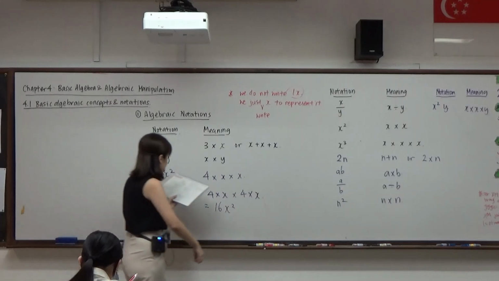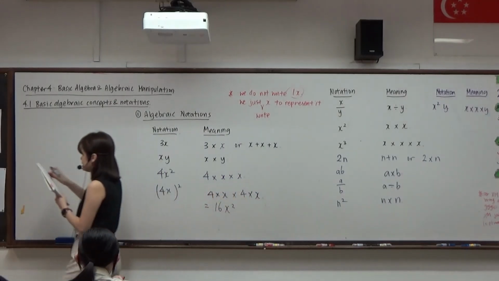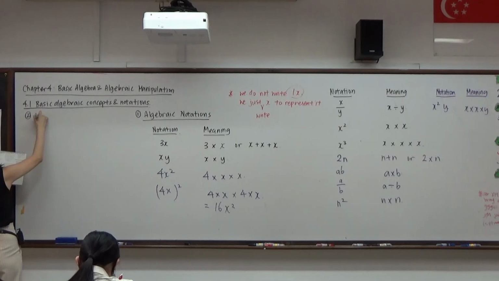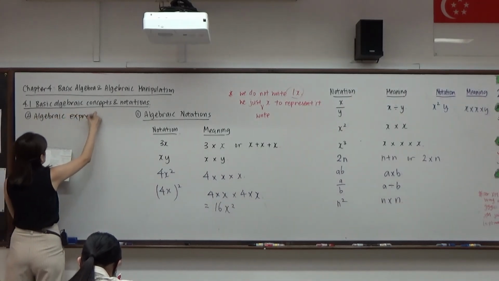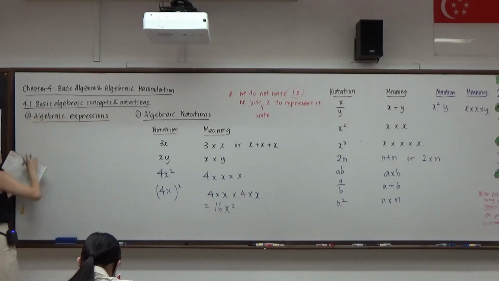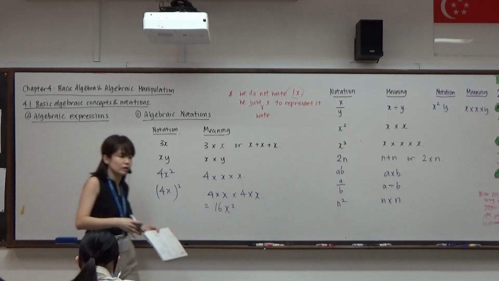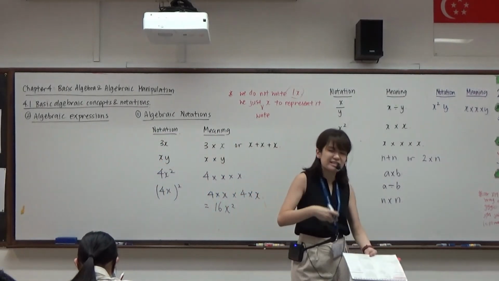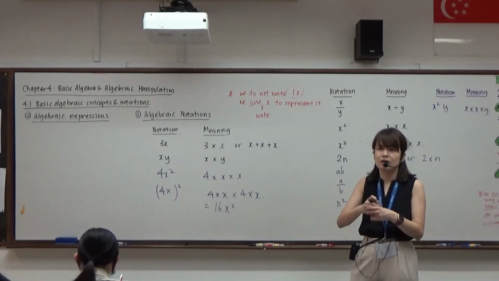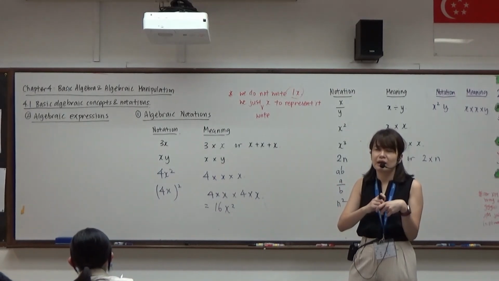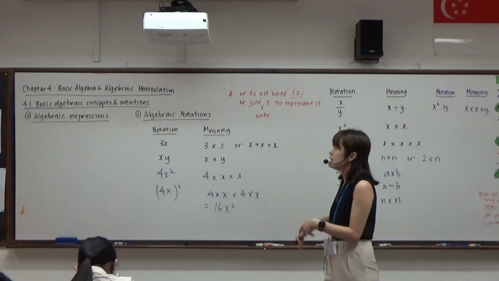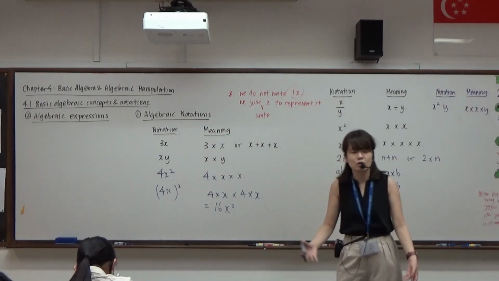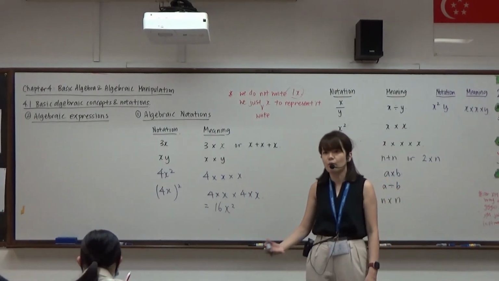Now, moving on. Let's look at understanding what algebraic expressions are. Expression itself is like in English, where we have a phrase to express certain emotions or a description. That's the meaning of expression. When it comes to maths, clearly I'm not going to care how the x or the y feels.